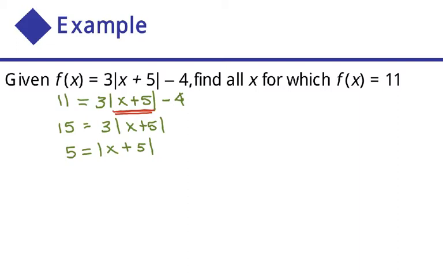Which means now I can say that x plus 5 equals negative 5, or x plus 5 equals 5. So here x would equal negative 10, and here x would equal 0.